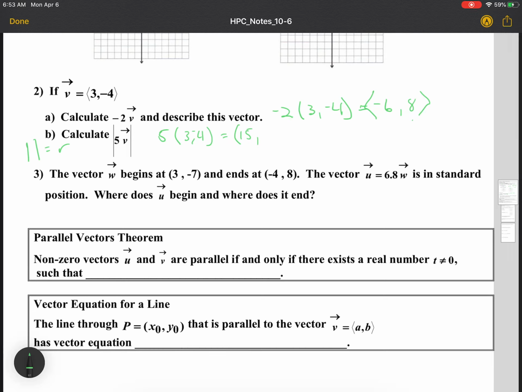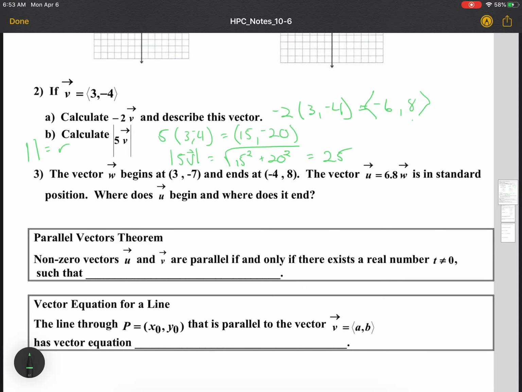Okay, that should get us 15, negative 20, excuse me. Okay, now we have to find the norm value of 5V, right, we're just finding our R. So it's going to be the square root of 15 squared plus 20 squared.